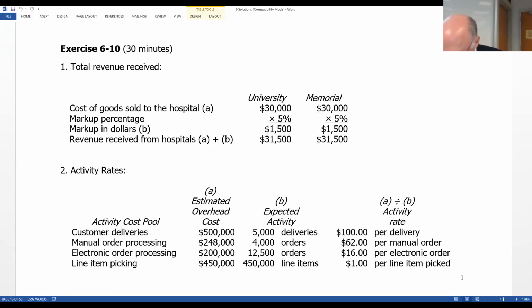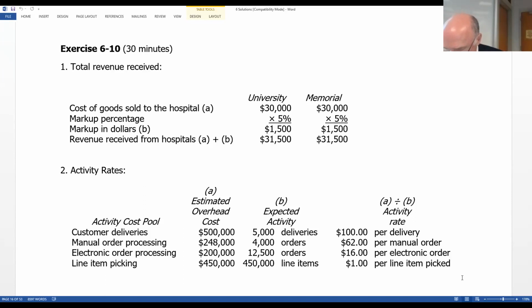So for customer deliveries, the number of deliveries, total cost $500,000, deliveries 5,000. So what are we going to do with that? Divide, right? 500,000 divided by 5,000. And manual order processing, number of manual orders, 248,000 divided by 4,000. Electronic order processing, number of electronic orders, 200,000 divided by 12,005. Line item picking, number of items picked, 450,000 divided by 450,000. You can do that one in your head.